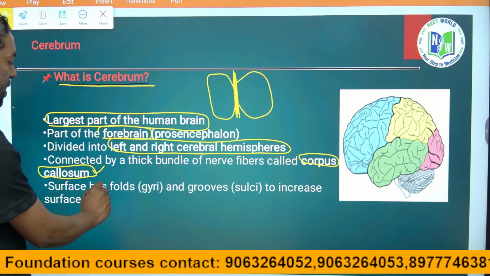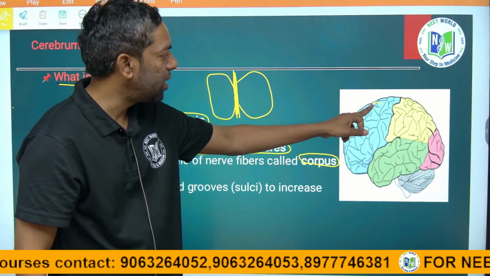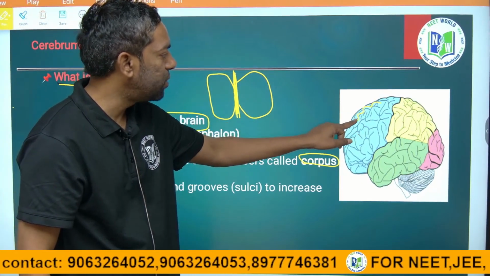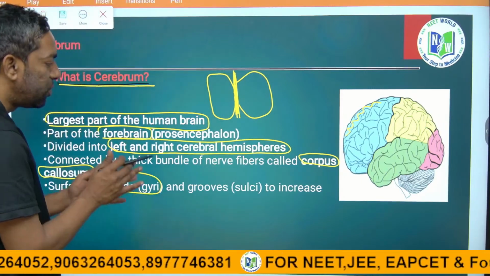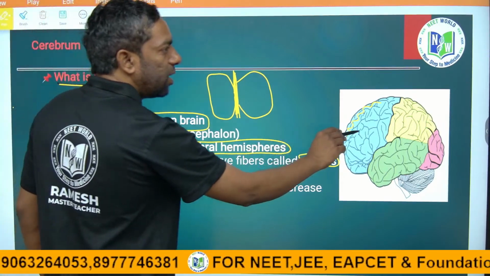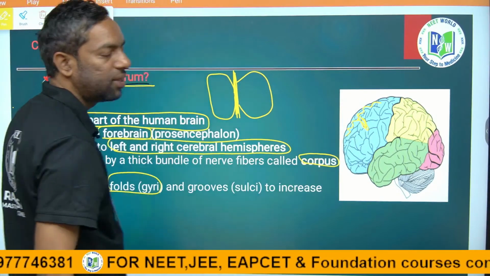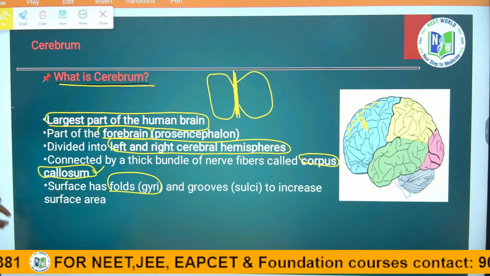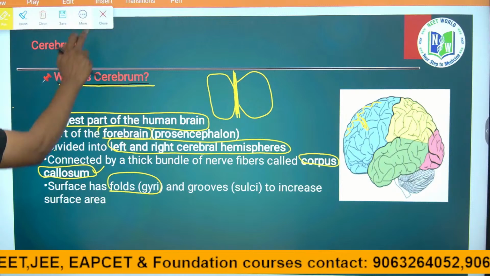The surface has folds, and these folds we call gyri. The grooves, the deep crevices between them, we call sulci. Gyri and sulci. Next.